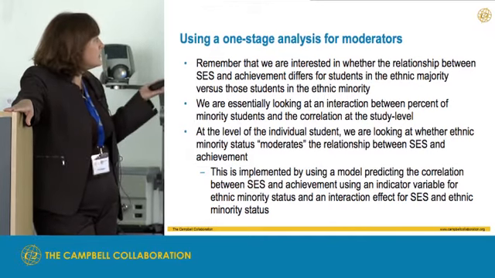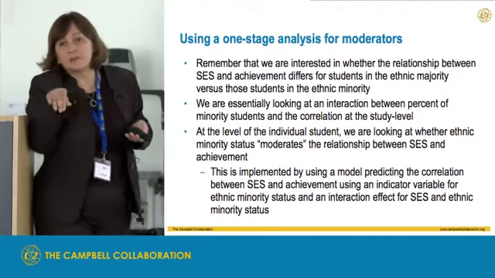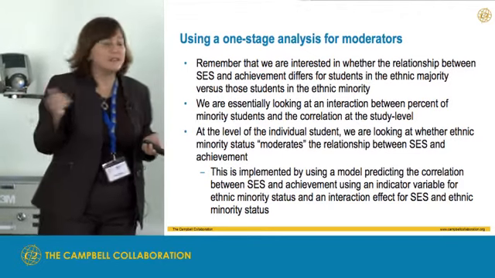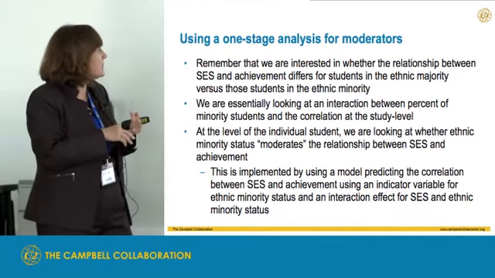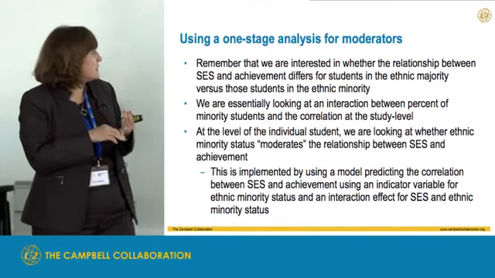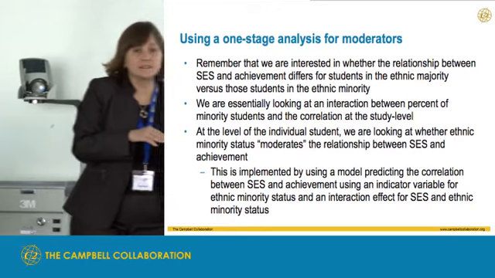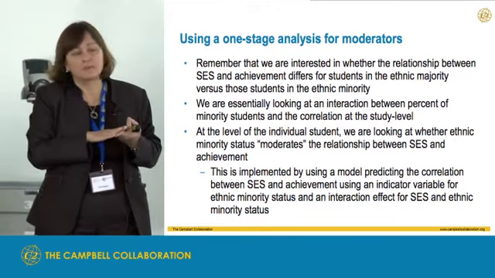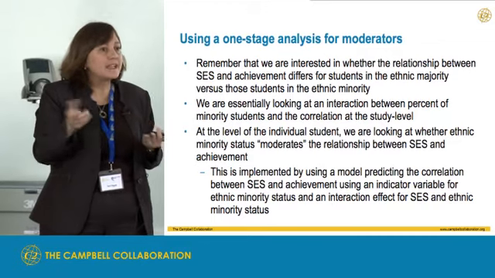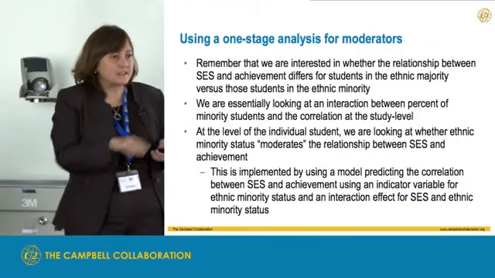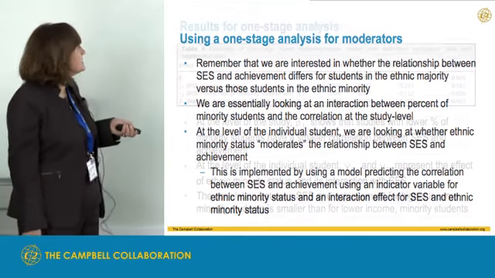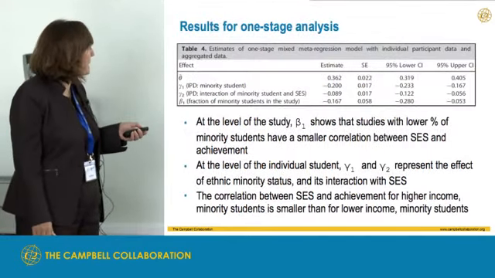So we're going to use an individual level model, which I don't show you here, but the individual level model for our IPD data is going to include an indicator variable for ethnic minority status, SES, and then an interaction effect for SES and minority status, in order to get at that interaction at the individual level as well as at the study level. So this is what we found.